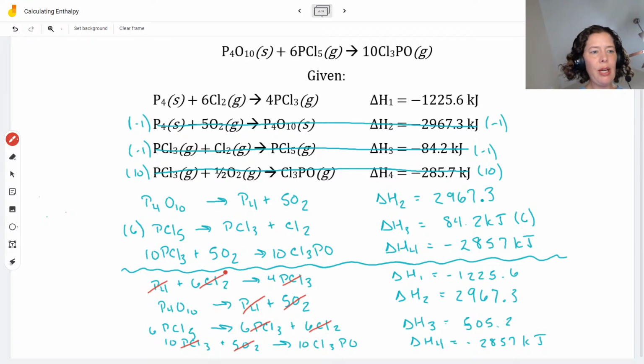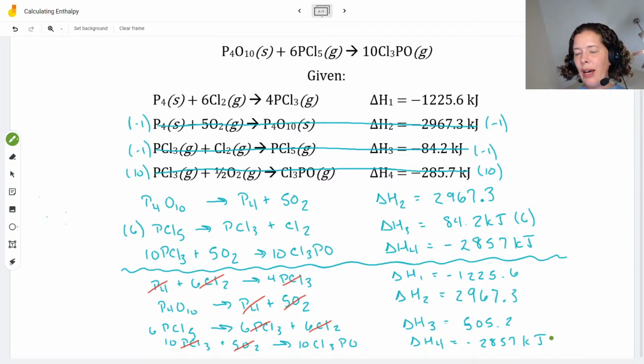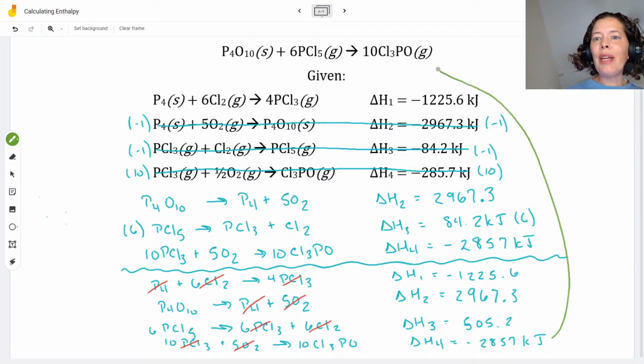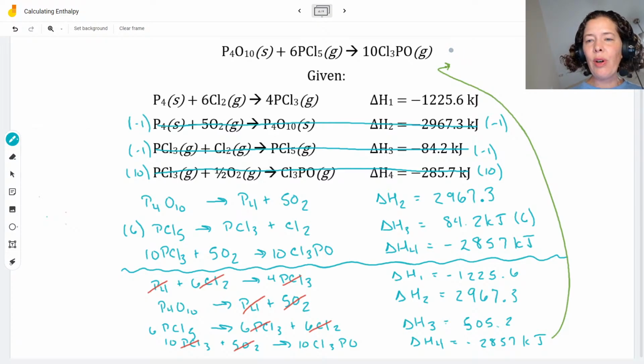All right, so bear with me here. I'll do this in green. I'm going to come all the way up here, and I'm just going to write this down right here. What I've got on my reactant side is my P4O10, and it's just got a 1 in it, just like my reactant for the reaction I'm gunning for.